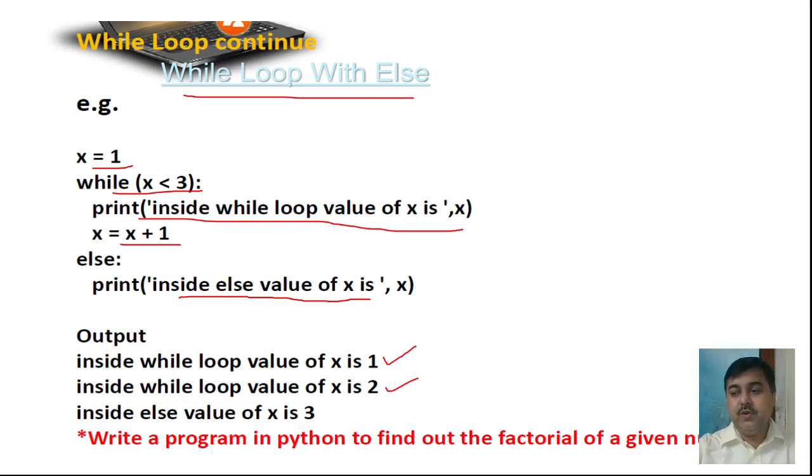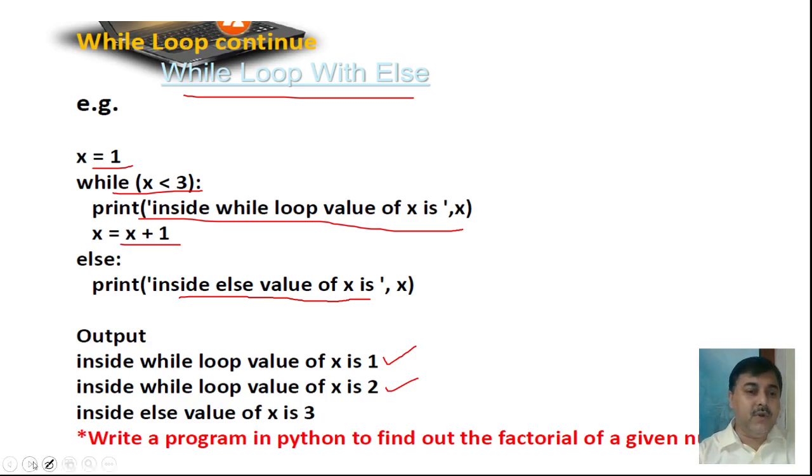Clear? This is known as what? Iterative loop. As we have these iterations of the loop, we can see it here, isn't it?